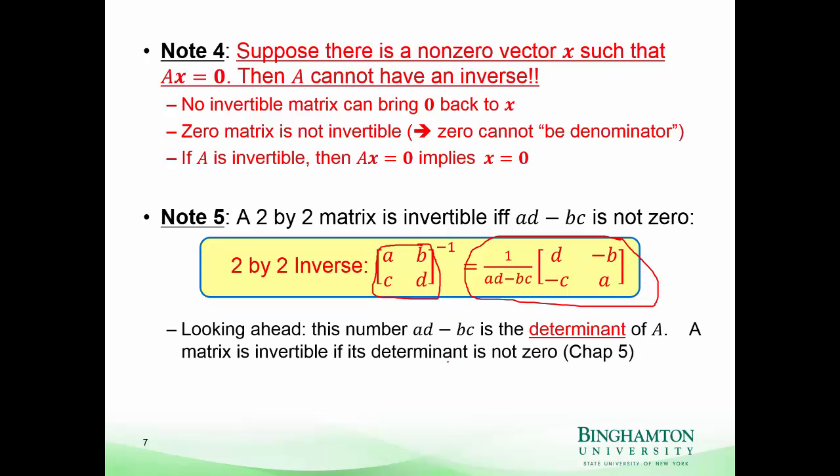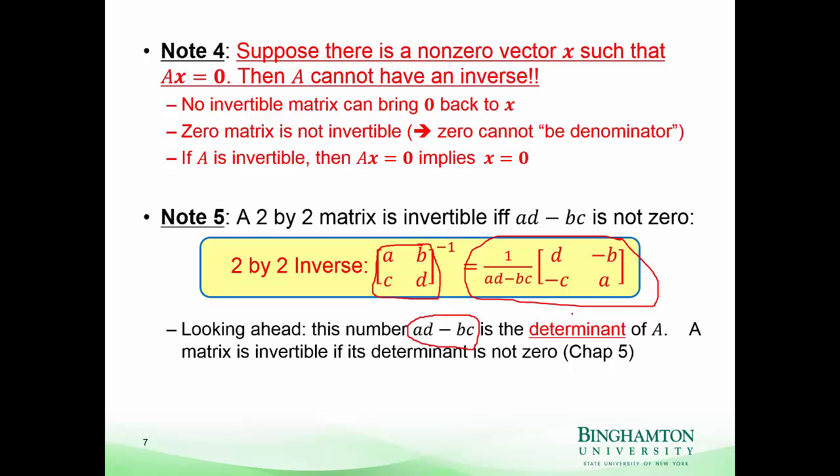As we look ahead, when we get into Chapter 5, for a 2 by 2 matrix, we'll see that this quantity is called the determinant of that matrix. For larger matrices, 3 by 3s, 4 by 4s, and so on, there will be something called the determinant, but it won't be this simple.